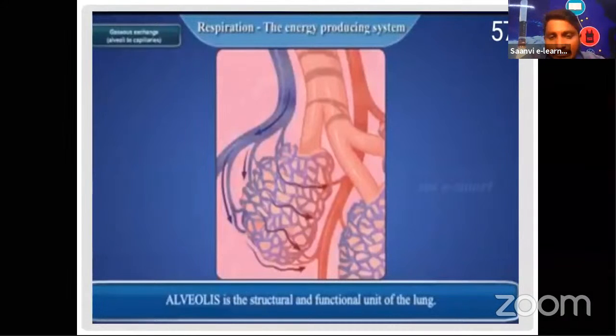Now, see here, alveoli is the structural and functional unit of the lung. Look at the screen to see how the alveoli and the blood capillaries are there.